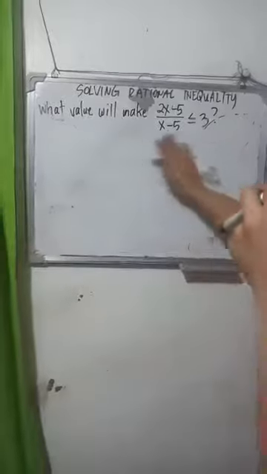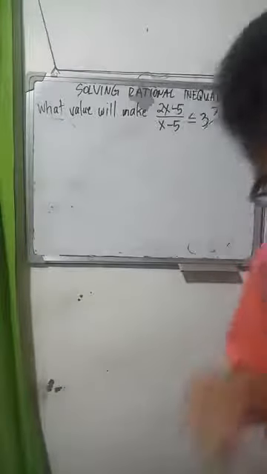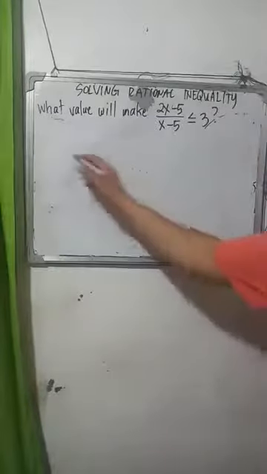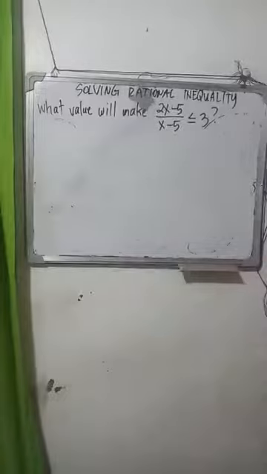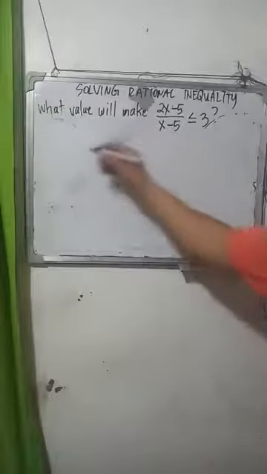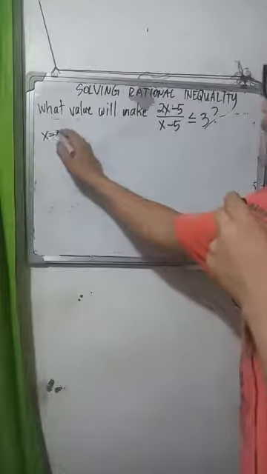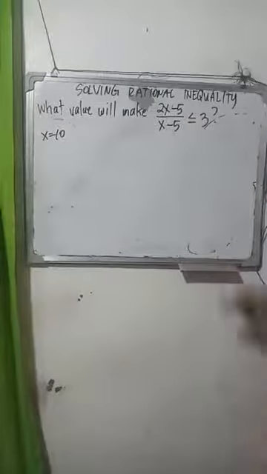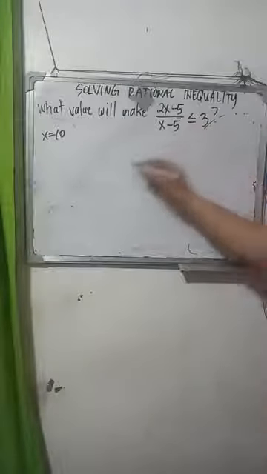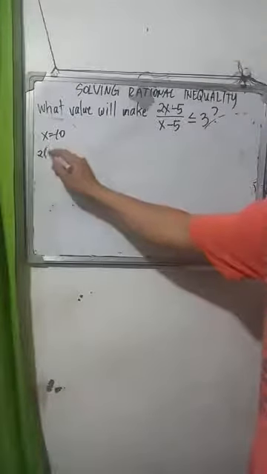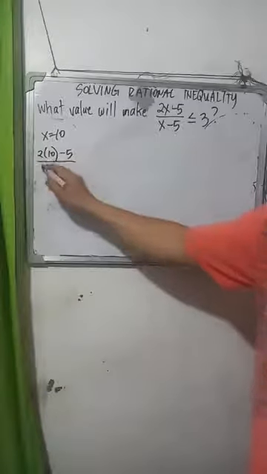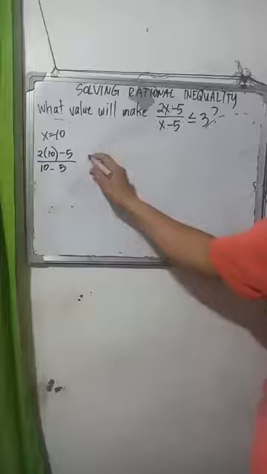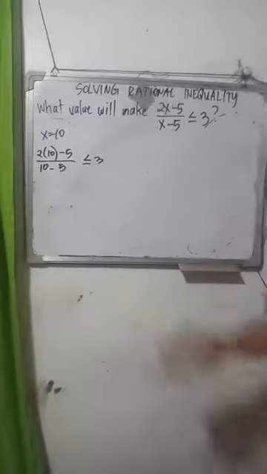So we have rule number 3, you will make a number line out of the two meaningful numbers. But before that, i-test muna natin yung meaningful numbers. So when x is 10, substitute natin dito. So 2 times 10 minus 5 over 10 minus 5 less than or equal to positive 3.